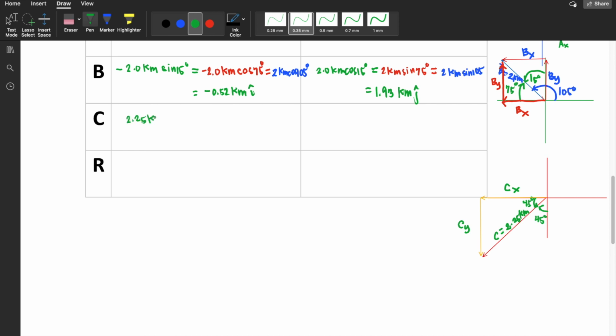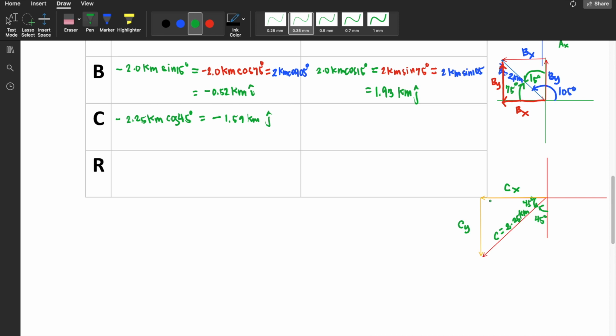So you'll have here 2.25 kilometers, and then cosine 45. But don't forget, it's moving towards the negative x-axis, so negative cosine. So the answer will be negative 1.59 kilometers i hat.